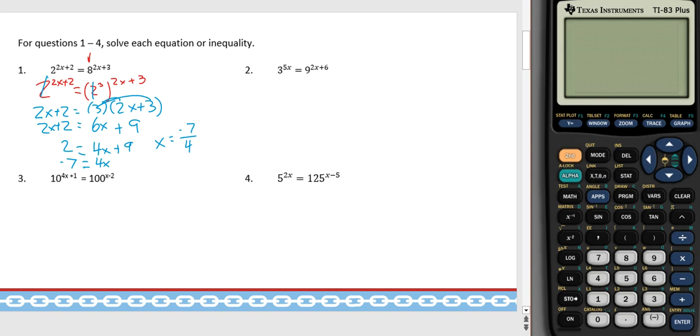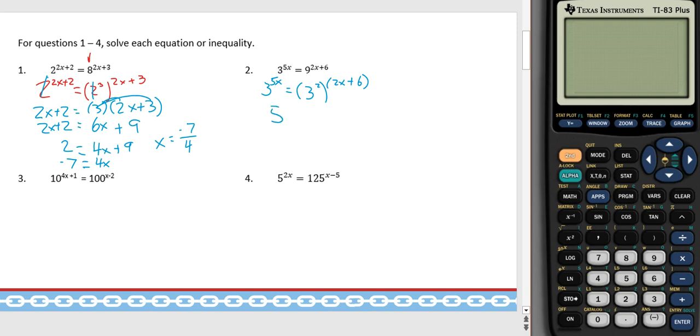So for number 2, we're going to do the same thing, right? I can replace the 9 in 9 to the 2x plus 6 power with 3 squared. So that gives me 2x plus 6 still up here on the top. And now that I have a common base of 3, I can bring those exponent parts down.